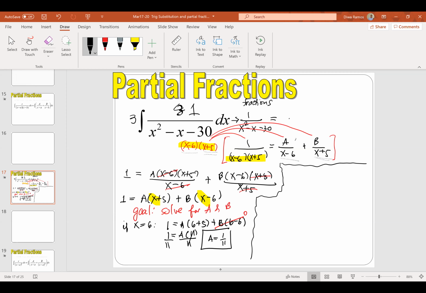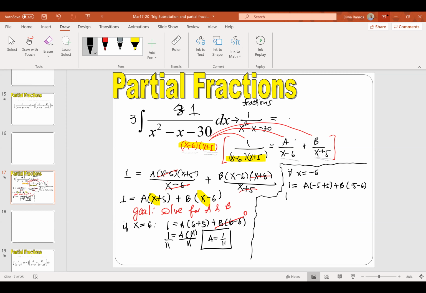Now, how do we get rid of a? We will choose x is equal to -5. Any questions so far about the choosing of these things? So we have 1 is equal to a times (-5 plus 5) plus b times (-5 minus 6).